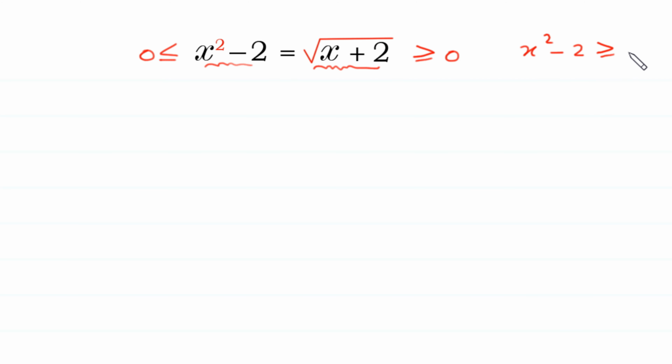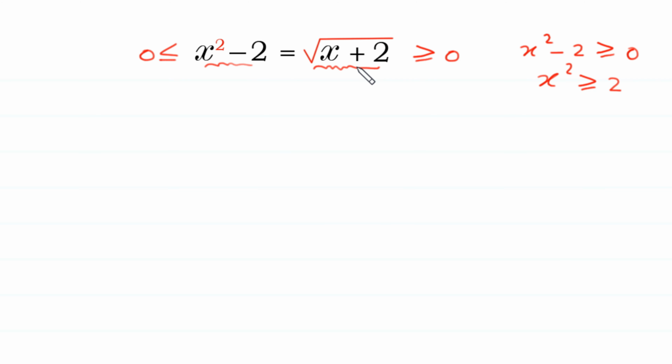If we move this negative 2 to the right side, then x² must be greater than or equal to 2. This is a condition for the solutions of this equation.